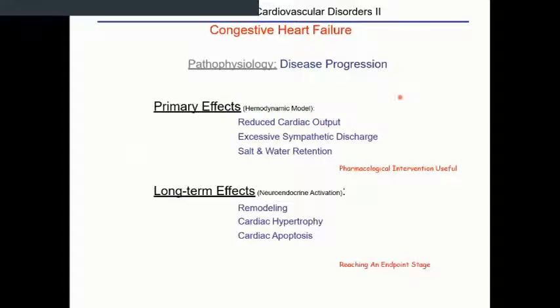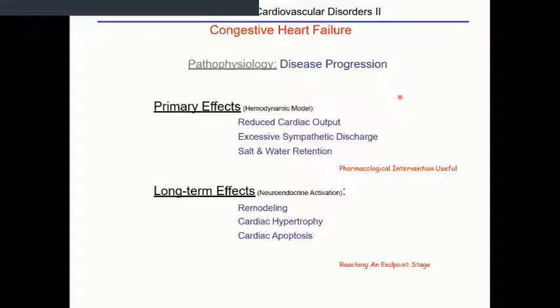So this progression based on your hemodynamic model will be due to reduced cardiac output and excessive sympathetic discharge and salt and water retention. And here you can still have useful pharmacologic interventions to manage the effects of the disease.